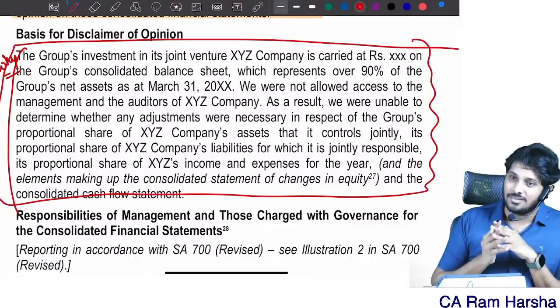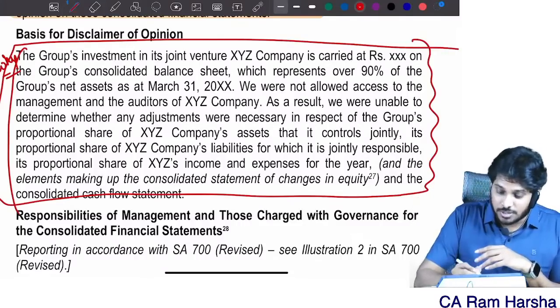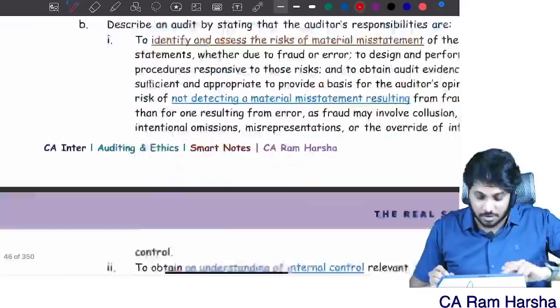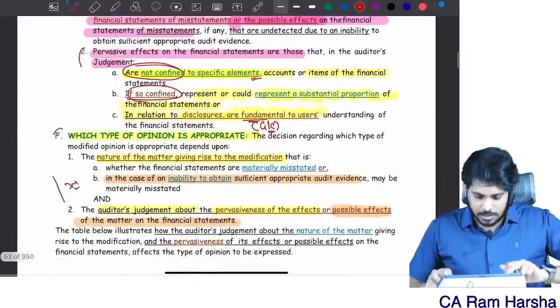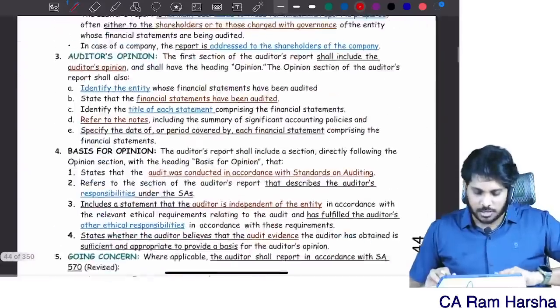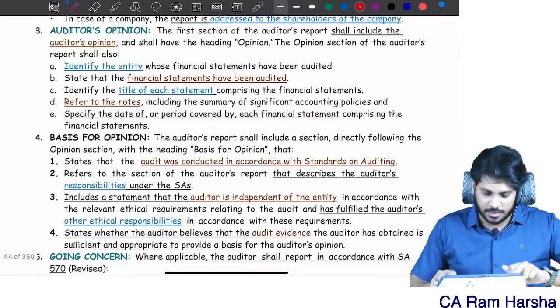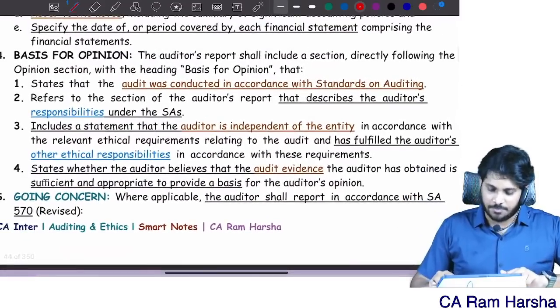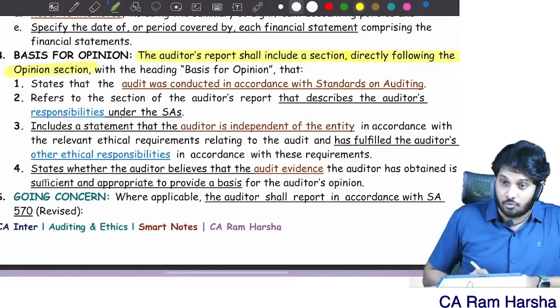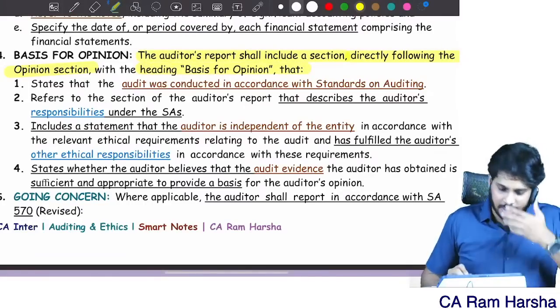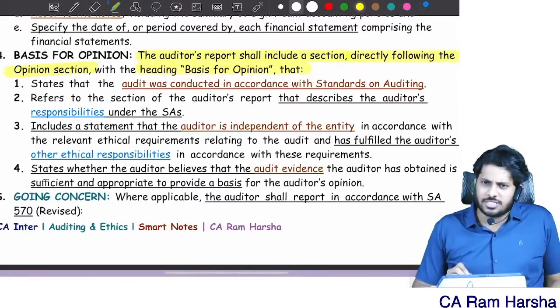Easy. All of you. Now you see in our book there is a discussion. 705. Okay, first, what are the contents in basis for opinion? The auditor's report shall include a section directly following the opinion section. What heading? Basis for opinion. In that, what points should you state?